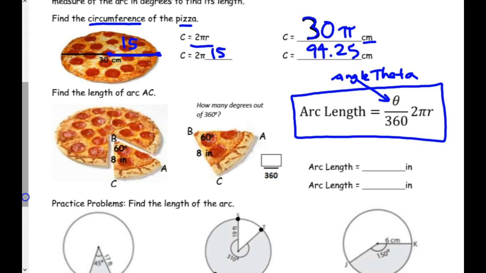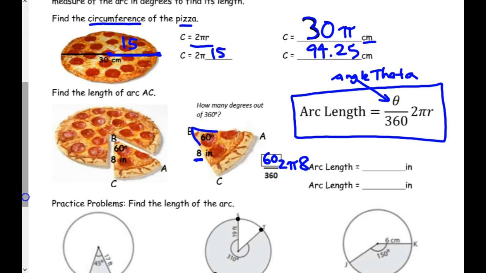What is my theta right here? Same as the front, 60, right? But next to it, I'm going to put 2 pi, and r is 8. 60 over 360, 2 pi 8.